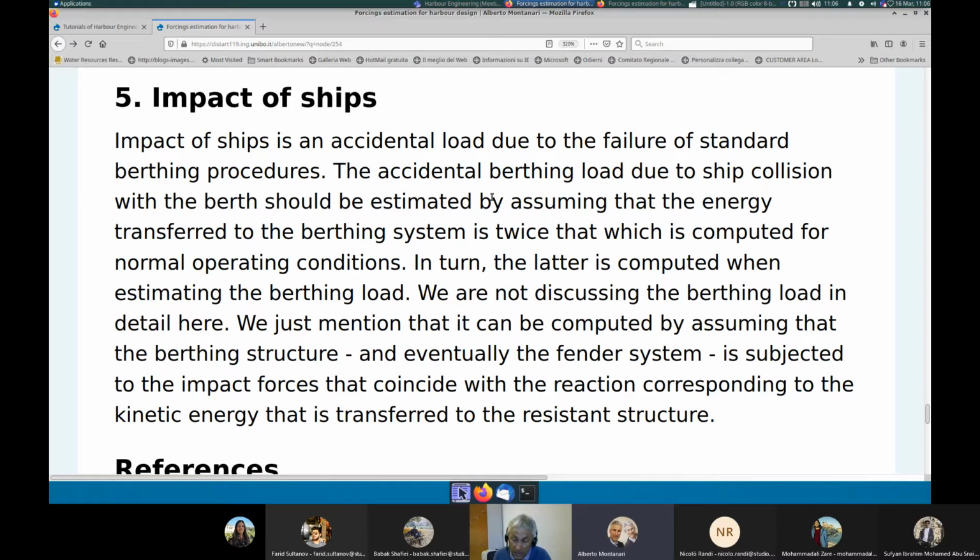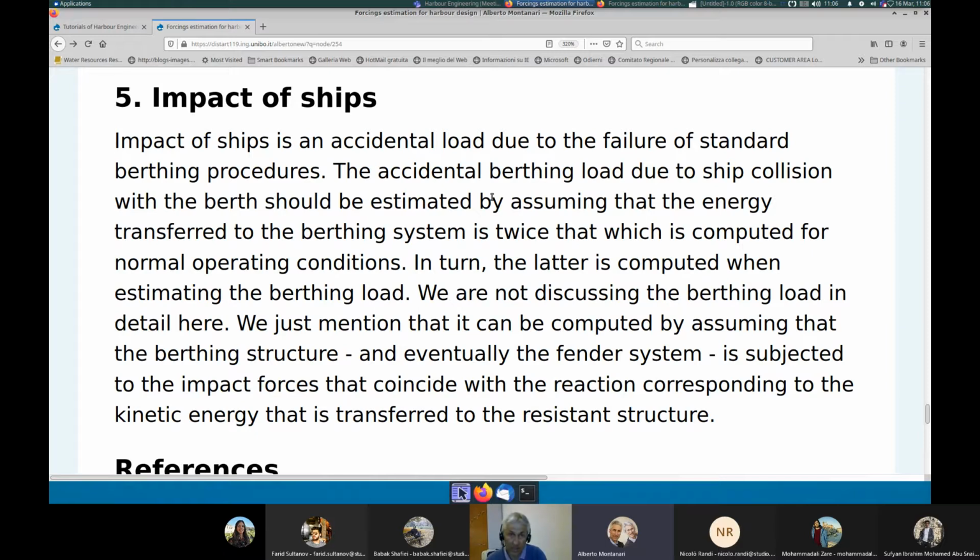And therefore, we have to estimate this concurrency factor, which is, should I sum up the two forcings or should I consider them separately? Now, concurrency factors are usually suggested by the technical guidelines.